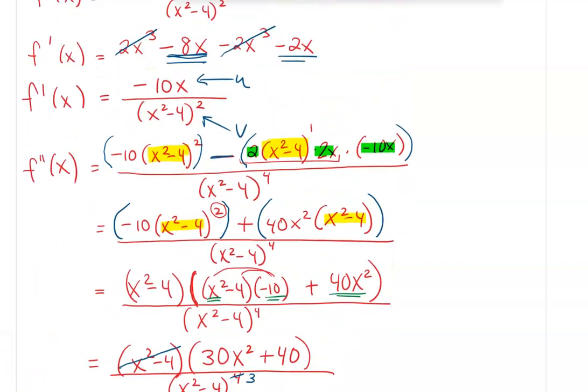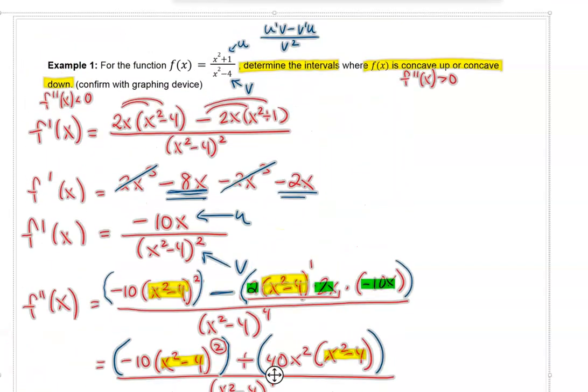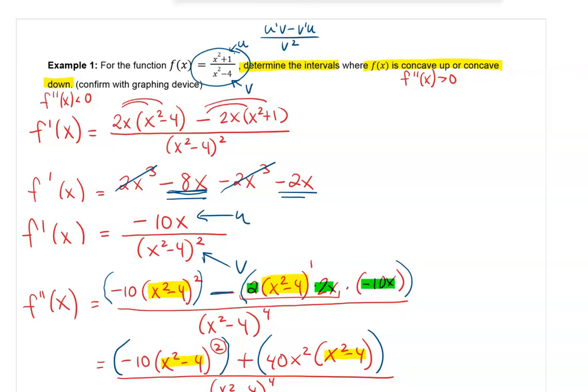Now, if I go back to the original equation, which is this right here, I can see that the domain includes all real numbers except 2 and negative 2. So those aren't even part of the domain for this function. However, I'm still going to use those as potential changes in concavity, because even if you have, for example, a vertical asymptote on a graph, the concavity on one side could be concave up where the other side is concave down.